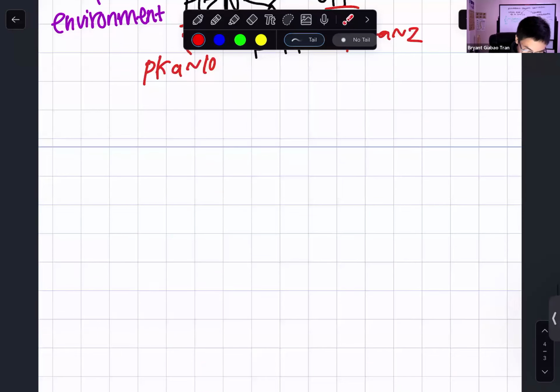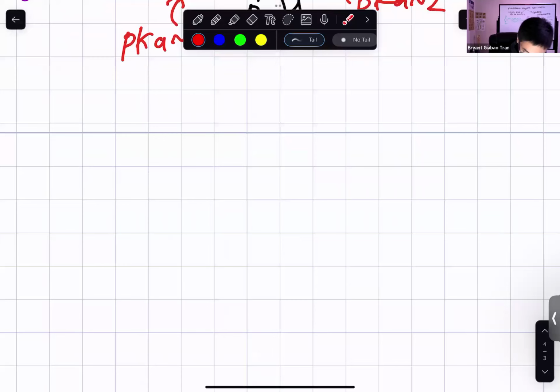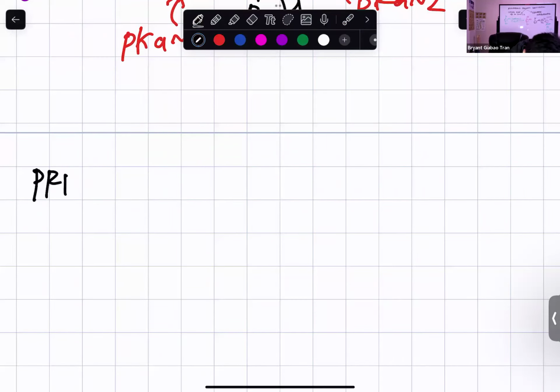But let's go over how to make amino acids in the first place: preparation of amino acids.